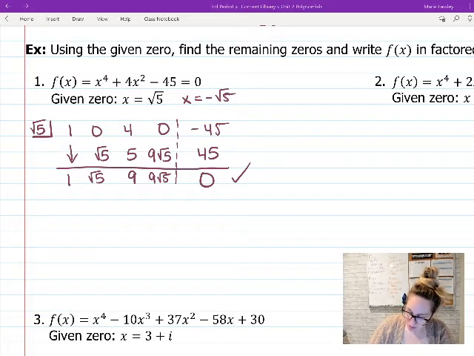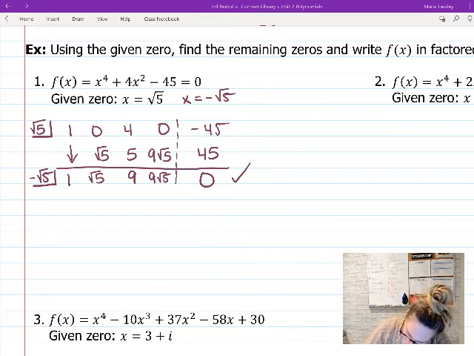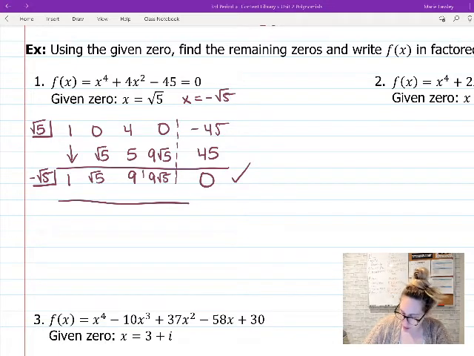So I'm not even going to rewrite this. I'm going to leave it just like this and do negative square root of 5. All right, so these are my coefficients. Like I said, I'm not doing anything else with them. I'm just going to divide out again by negative root 5. This is my new remainder column. I should get a remainder of 0.